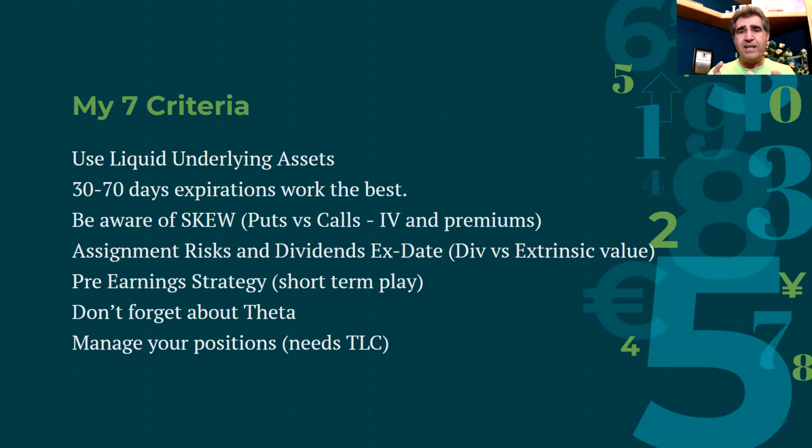The way to look at that is if your extrinsic value is actually less than the dividend, the person who holds the call is going to say, you know what, I'm willing to pay the premium for this call and get it exercised because I'm going to get a juicy dividend. So be aware of that. Watch the dividend dates.